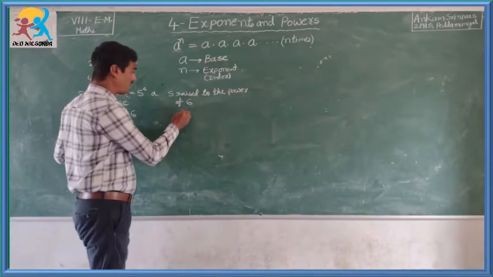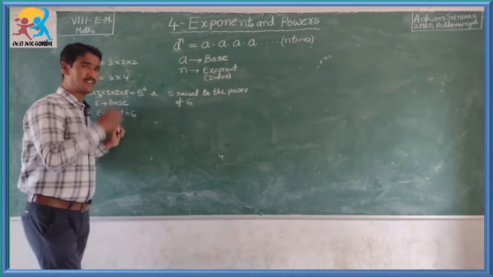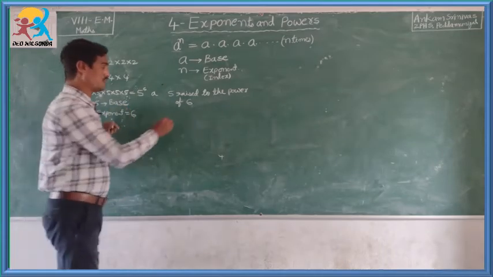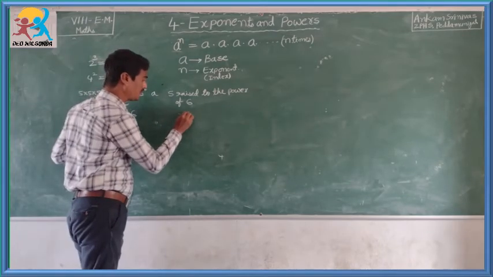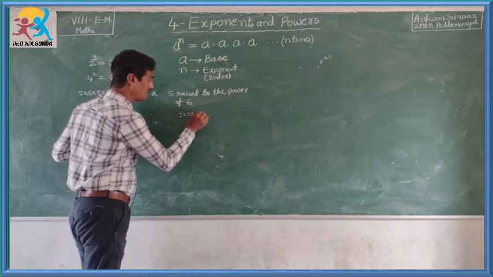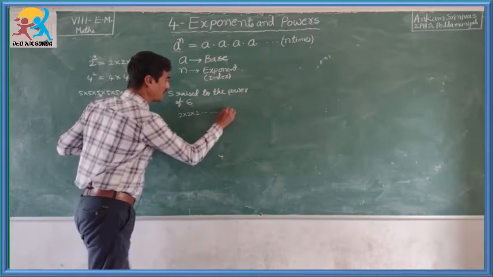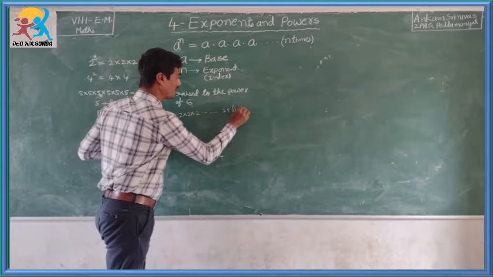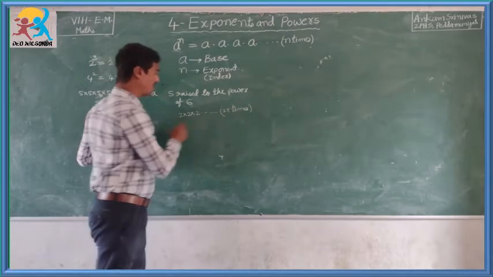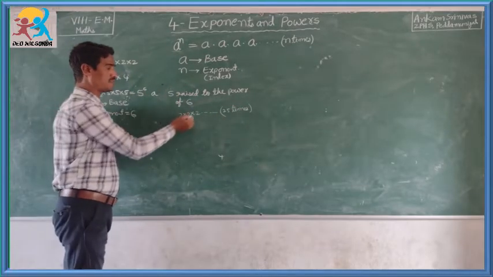So to avoid repeated multiplication, suppose 2 into 2 into 2 and so on, 25 times. It would be very long and take more time.